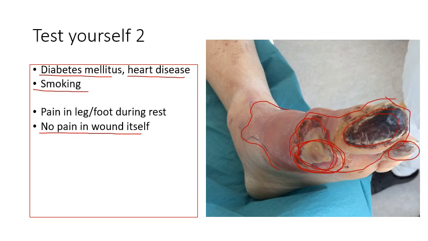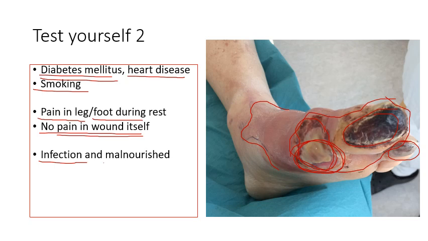But the patient has pain in the leg and the foot during rest, so he feels pain in the leg, giving you somewhat of an indication that this could be arterial insufficiency at a critical level, and the wounds might be caused by a combination of the diabetes mellitus and the neuropathy, that should trigger the suspicion that he doesn't have any pain in the wounds themselves because of the neuropathy, but pain in the leg because of poor arterial circulation.